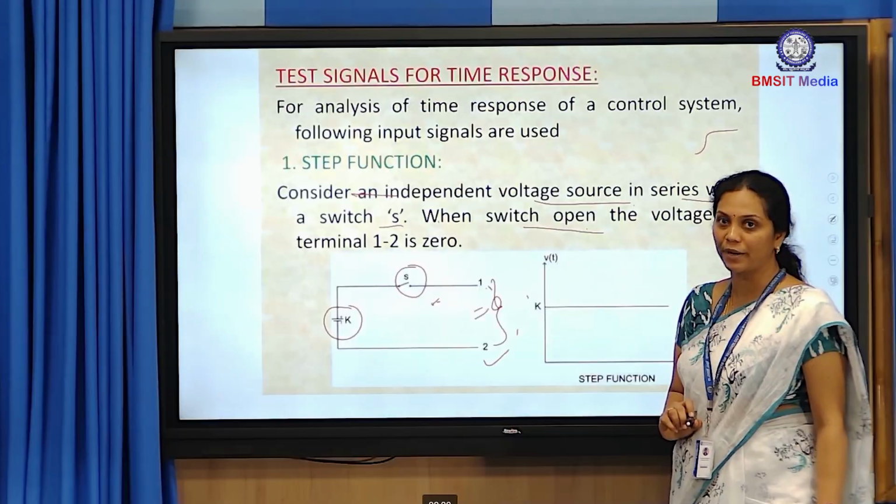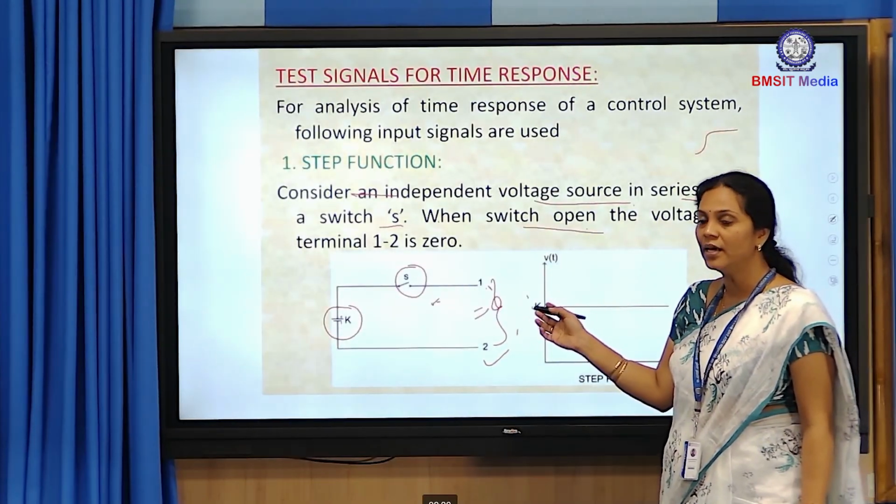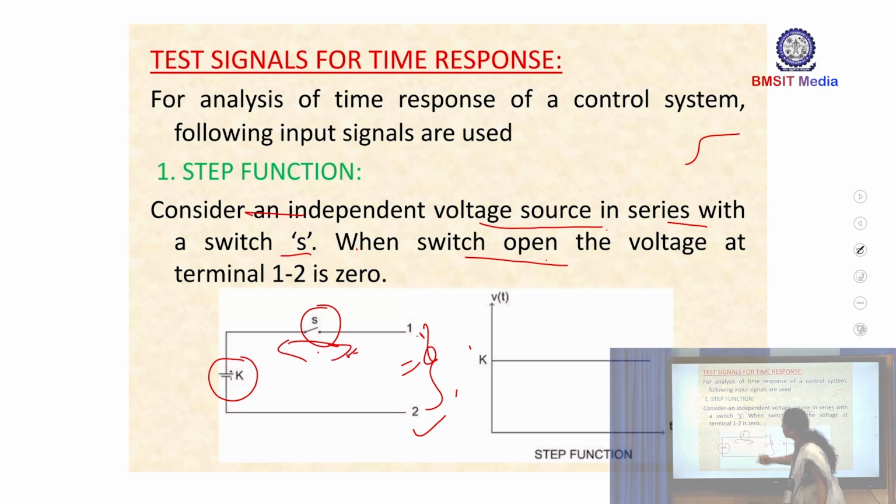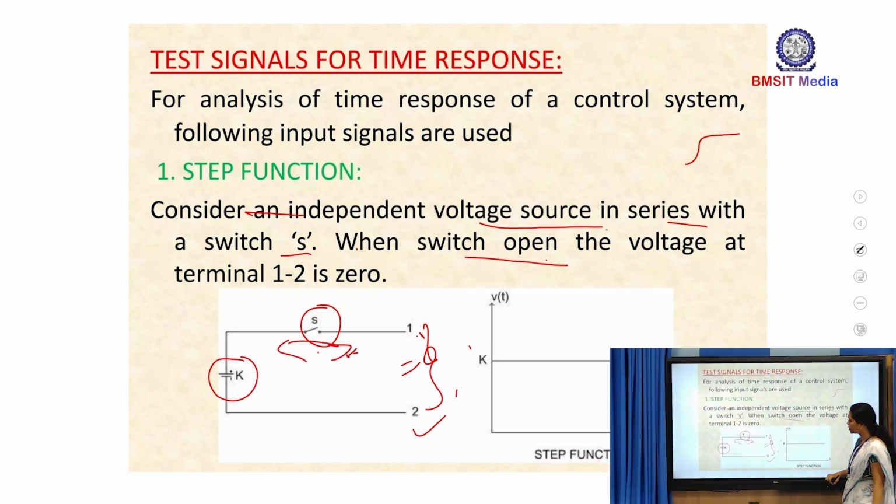Since the switch is open, it becomes an open circuit, and nothing is flowing between these two points. When the switch is said to be closed, whatever the output will be between terminal 1 and 2 will be nothing but the input voltage that I am going to supply.